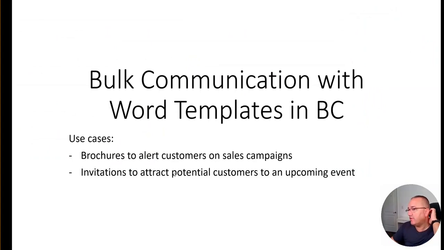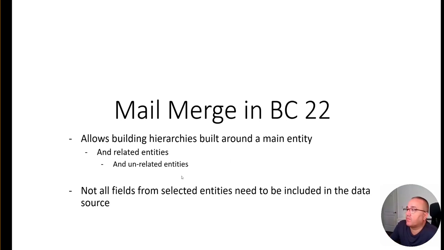So what did we cover here? Why do we need Word templates? We looked at how we can build a Word template, and we saw that we can base our Word templates around an entity, and then we can add related entities and also unrelated entities. In our example, we based it on customer, and then we added contact.